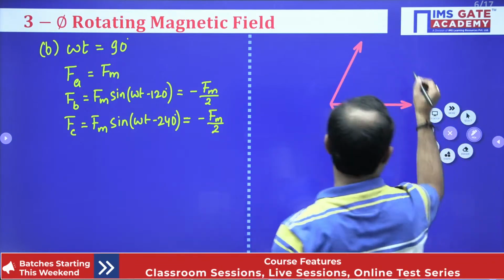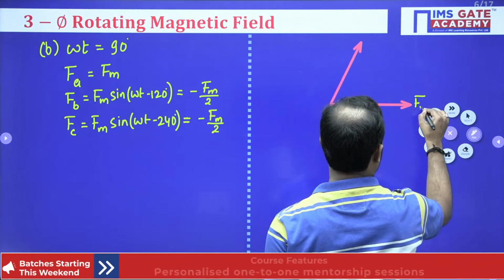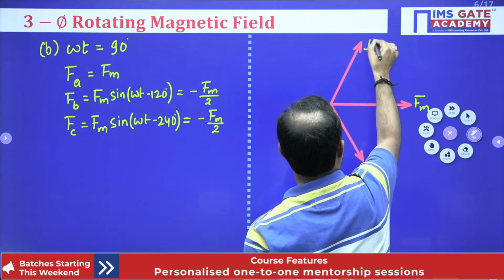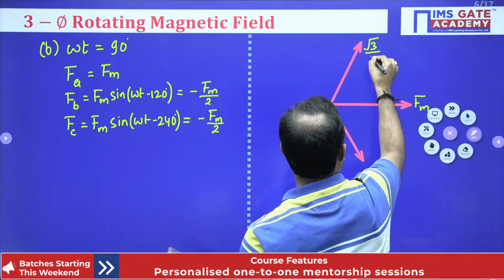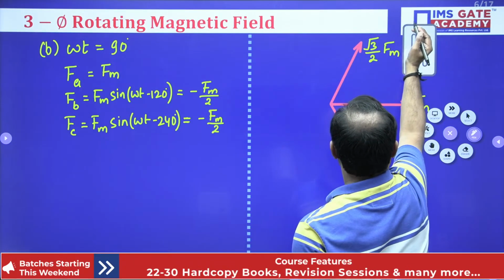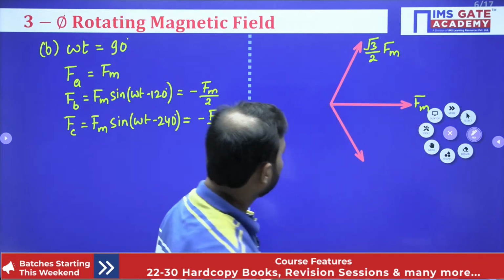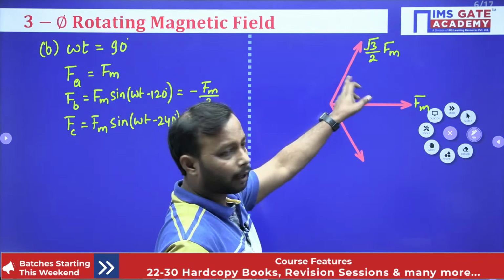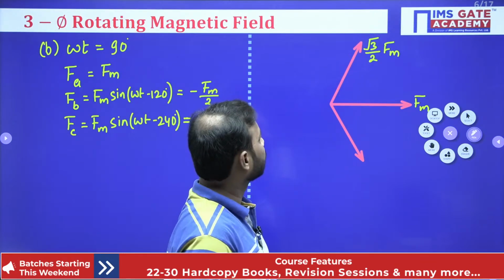Okay, so this is Fm due to FA. This is due to FB, Fm by 2. One more thing: what is the angle here?